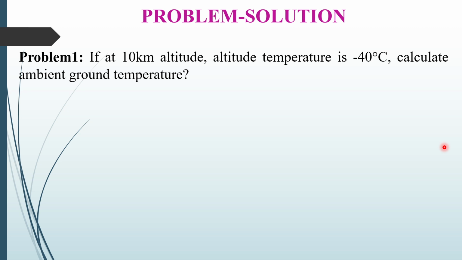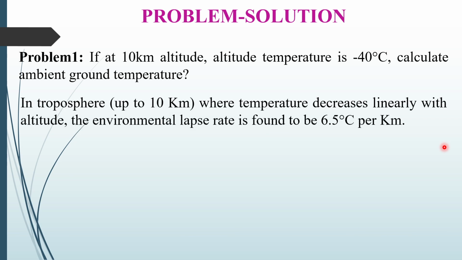Problem 1: if at 10 kilometer altitude the temperature is minus 40 degrees centigrade, calculate the ambient ground temperature. In the troposphere, temperature decreases linearly with altitude. So in standard environmental conditions, we can take the environmental lapse rate as 6.5 degrees centigrade per kilometer.